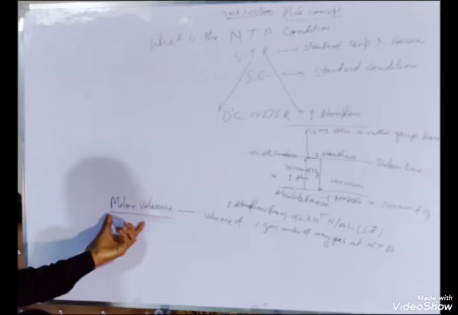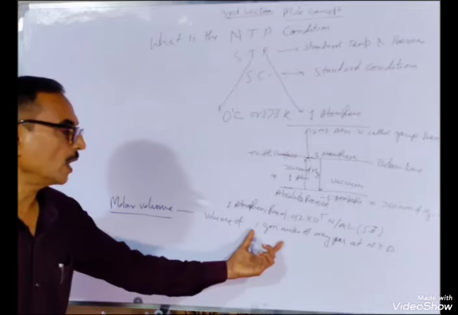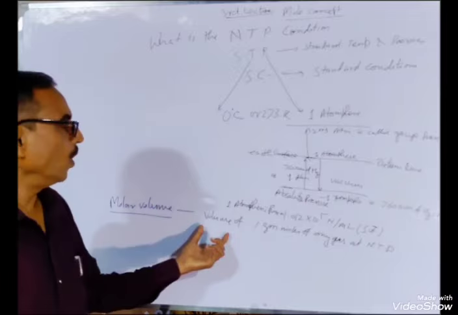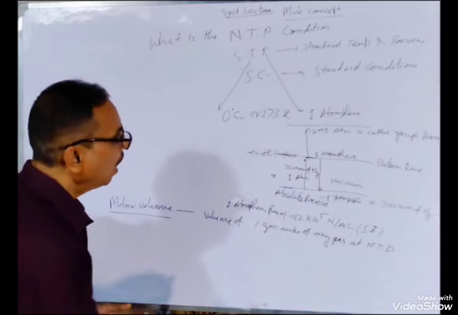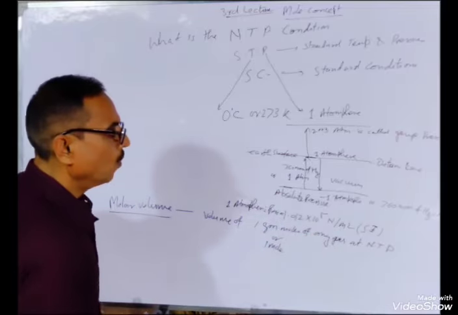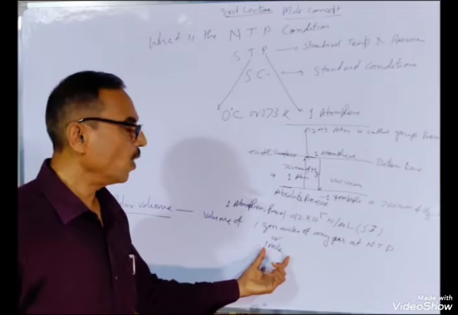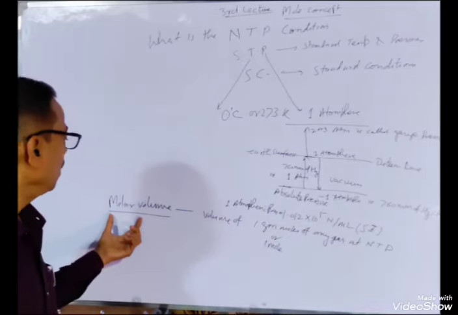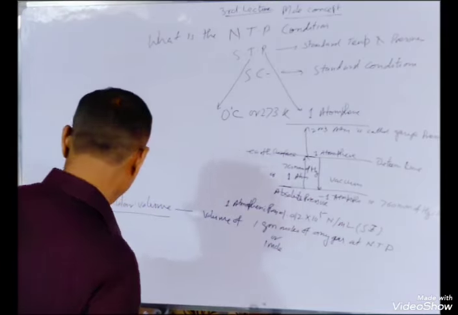So whatever the volume of 1 gram mole at NTP is, that is called molar volume. The volume of 1 mole of any gas at NTP is called the molar volume.